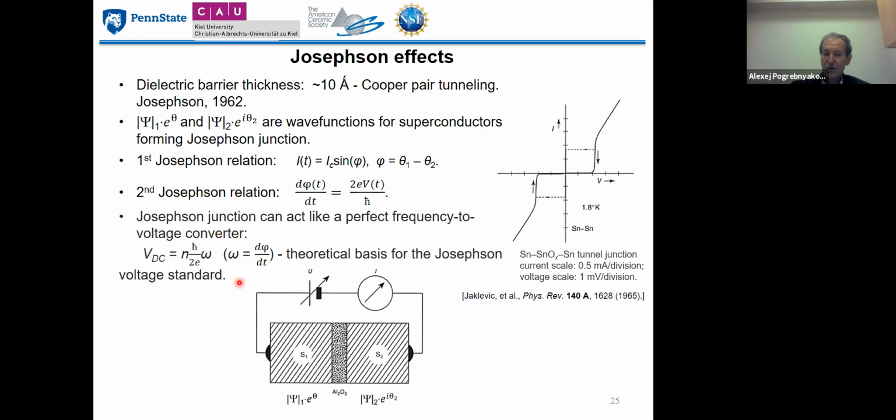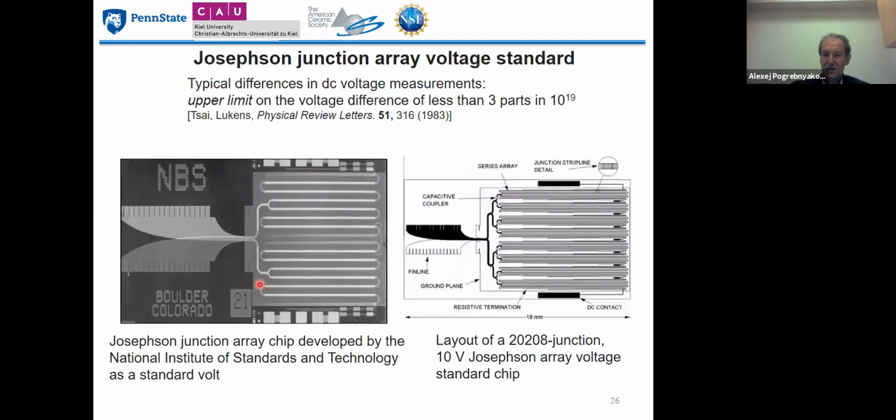And here we go over to the applications. Here we see that Josephson junction arrays are used in the standard of volt. For example, this is a SEM image of the layout of 208 junctions for a 10-volt Josephson array voltage standard chip.